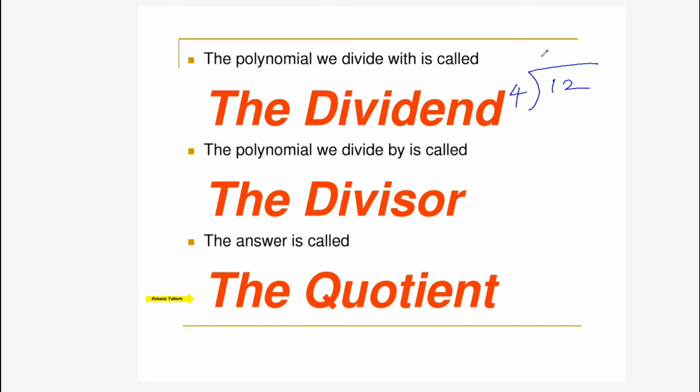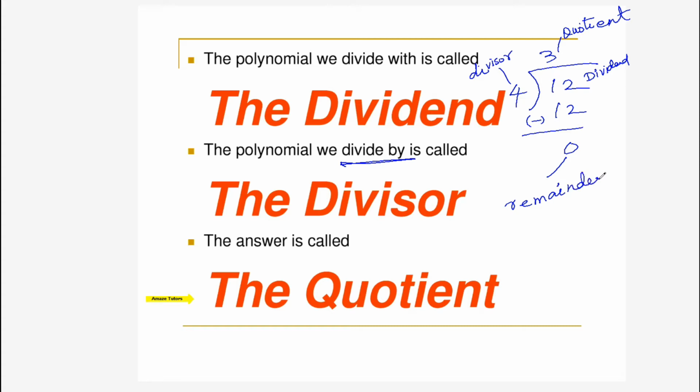If you divide 12 by 4, the answer is 3. 3 fours are 12. You will write it here. Take away, 12 minus 12, 0. So this is the dividend. This number which you are dividing by is the divisor, and the answer which you got on top is the quotient, and whatever is left after taking away, in this case it is 0, is called the remainder.